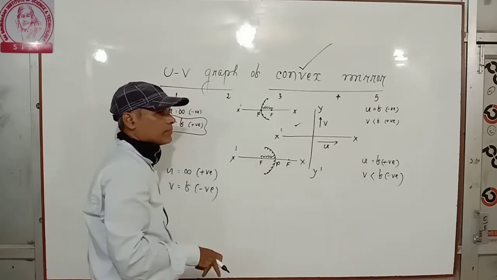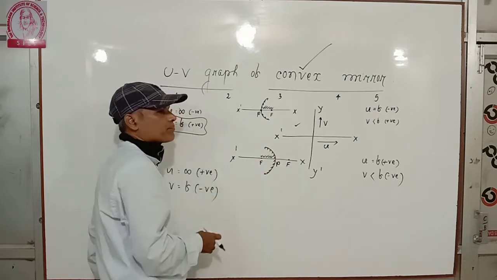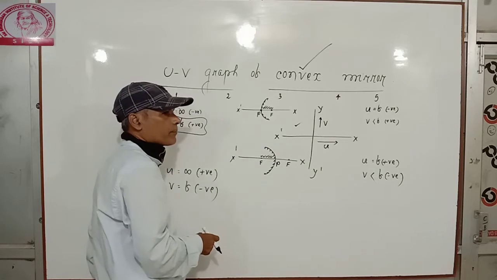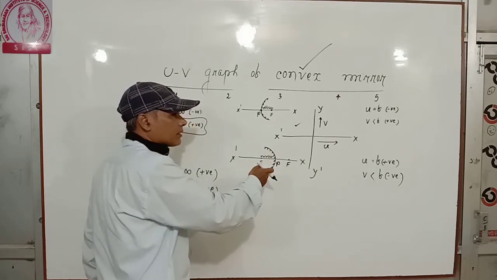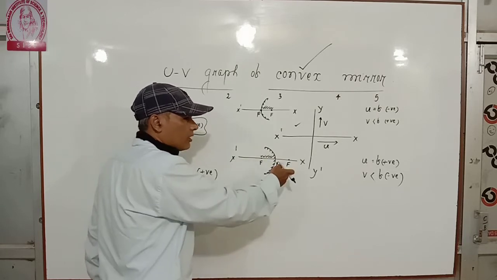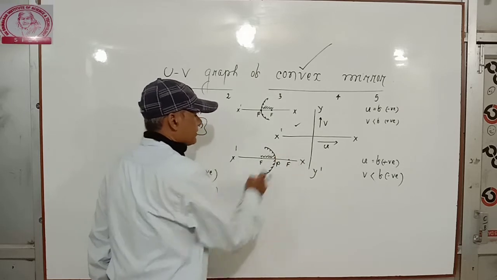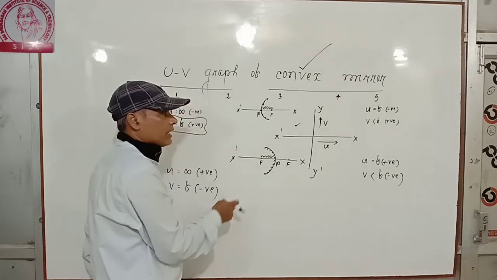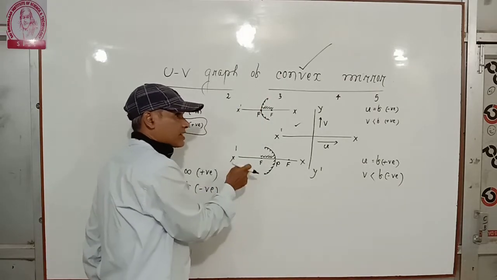At that time, you have to keep the object in front of the mirror, on the right side of the mirror. Okay, so this case is also to be considered in case of convex mirror as well as in case of concave mirror.